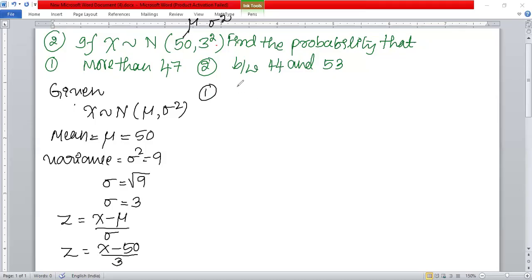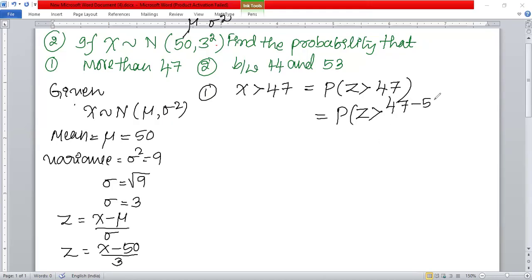So more than, so x more than 47. So we are able to write probability x greater than 47. So that is equal to probability z greater than, we need to substitute 47 minus 50 divided by 3. So that is equal to probability z greater than minus 3 by 3, that is minus 1.